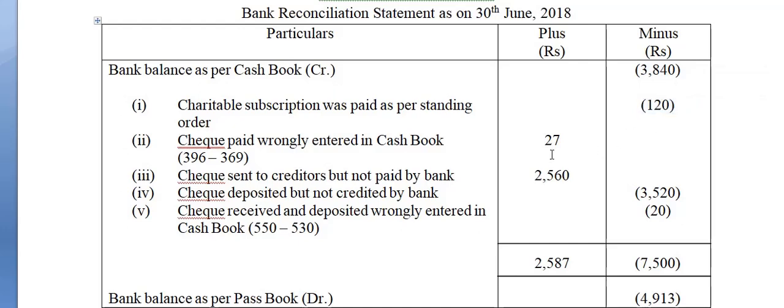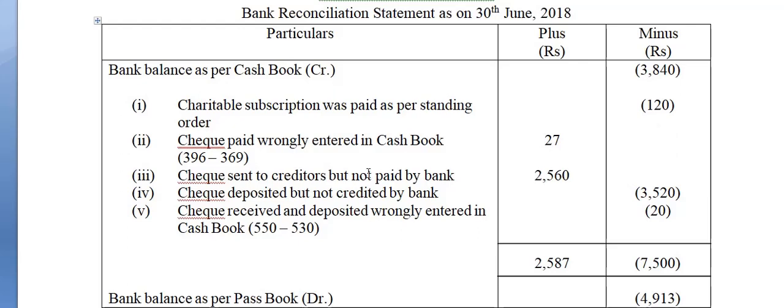Now, a check paid for advertising on 10th June for 369 has been entered in the cash book as 396. Now, the check amount was 369, but in the cash book you recorded it as 396. In the cash book you wrote it more, but actually from the bank only 369 has been deducted.